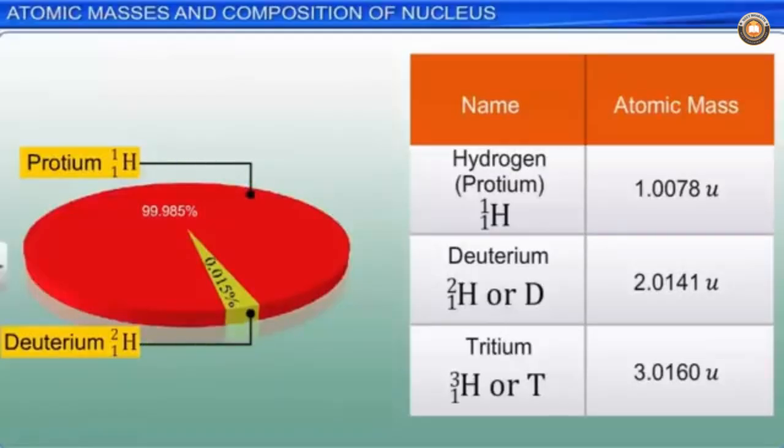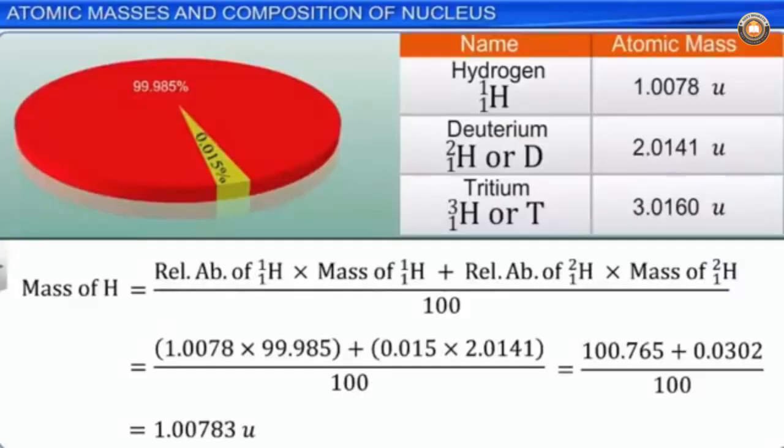The relative abundance of protium is 99.985% and that of deuterium is 0.015% and their atomic weights are 1.0078 AMU and 2.0141 AMU respectively. Knowing these values, we calculate the atomic mass of hydrogen and it is found to be equal to 1.00783 AMU.